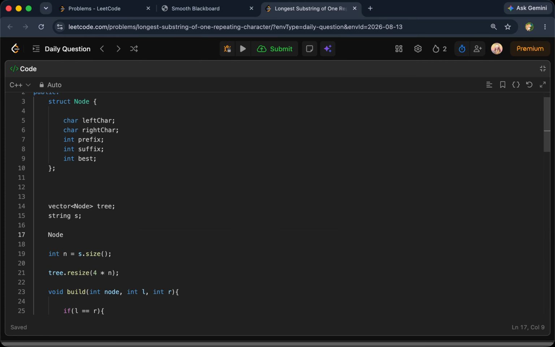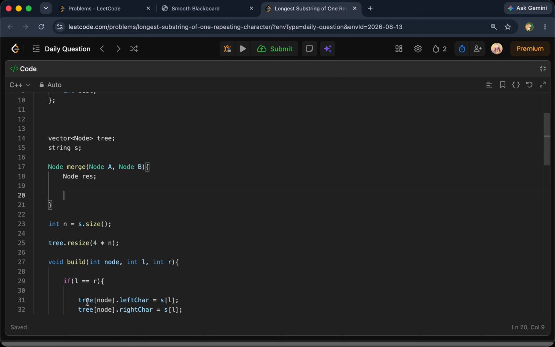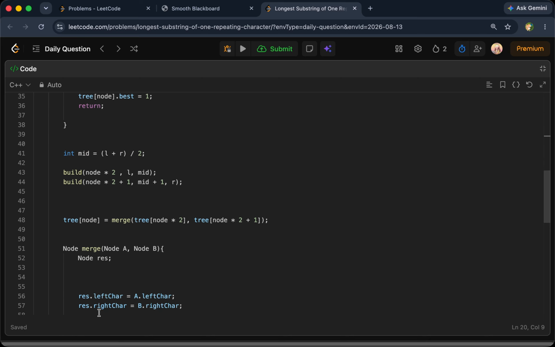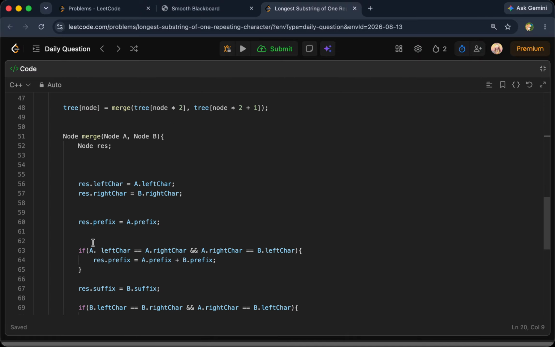Node merge, node A. Let me first write the clear code, okay, then it will be easy to explain. Node left. Where is dot? I have written the merge function right here only.